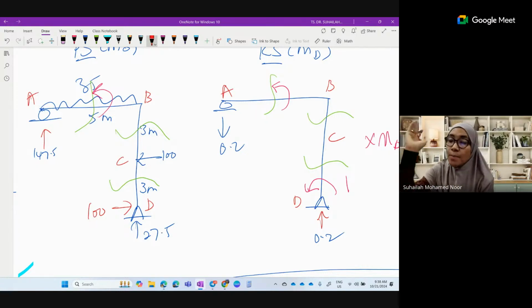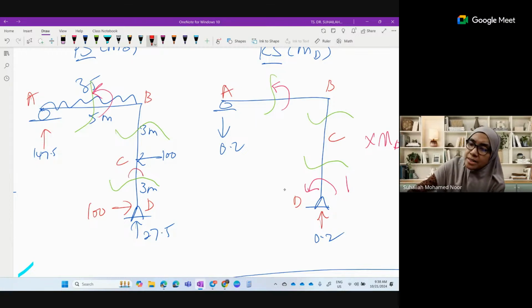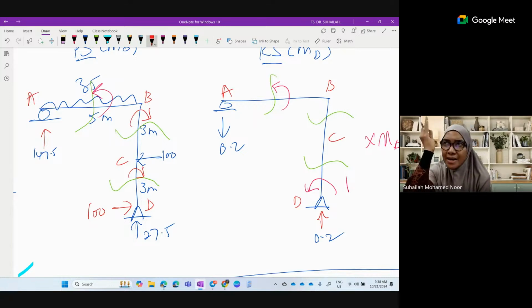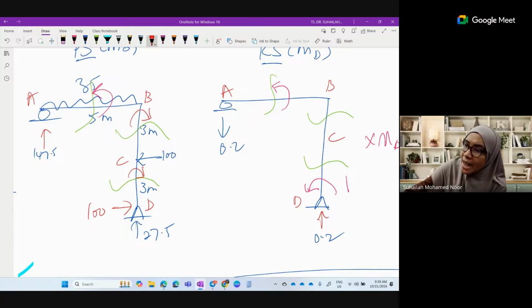So origin from right, moment clockwise. Both of these are clockwise. Origin right, moment clockwise. Can you remember? Origin from right, moment clockwise. Origin from left, moment counterclockwise. Must remember that.